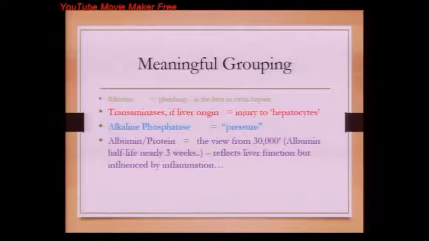Albumin's induction, or its transcription, is greatly influenced by inflammation. So in the setting of inflammation, when you have all the cytokines and TNF-alpha and all that good stuff, TNF-alpha, for instance, has a cis-acting element on the albumin promoter, so you can down-regulate albumin in the setting of inflammation.